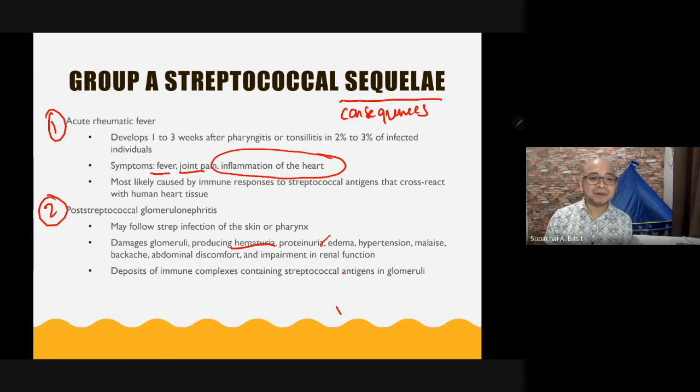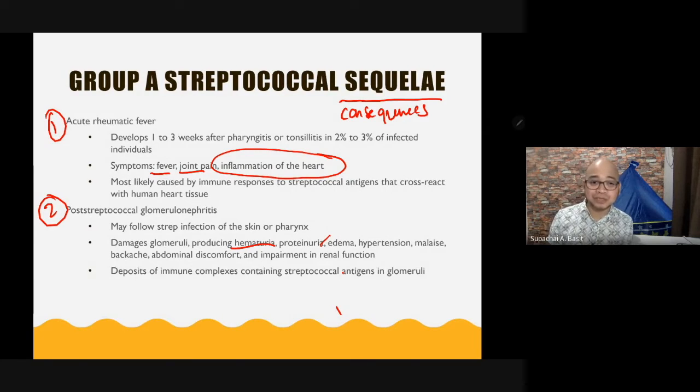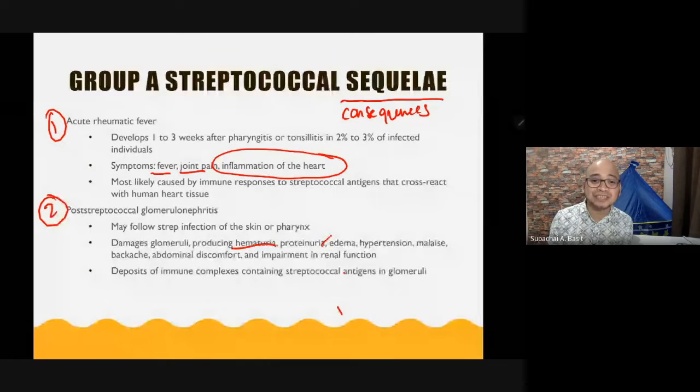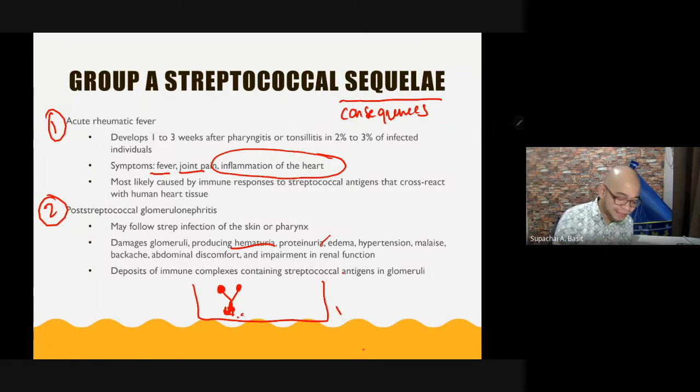So, post-streptococcal glomerulonephritis is characterized by the deposition of immune complex containing streptococcal antigen in the glomeruli. So, if this is the basement membrane, so antigen together with complement component will be deposited here.